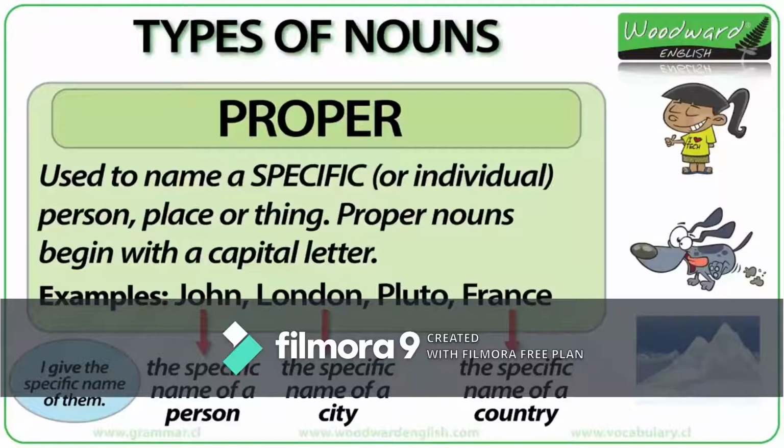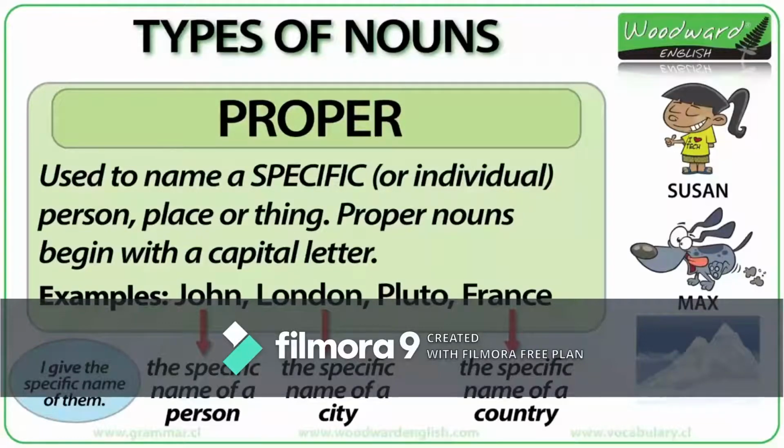So let's look at these pictures again. Girl is a common noun as it refers to a type of person without being specific. Susan is a proper noun because we specify the name of that girl. Dog is a common noun as it refers to a type of animal without being specific. Max is a proper noun because we specify the name of that dog.